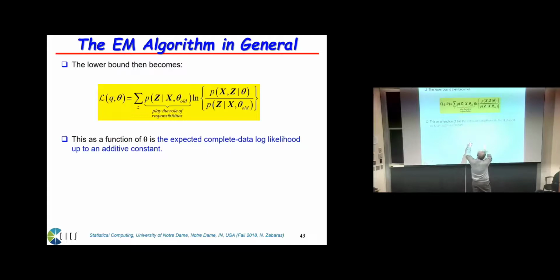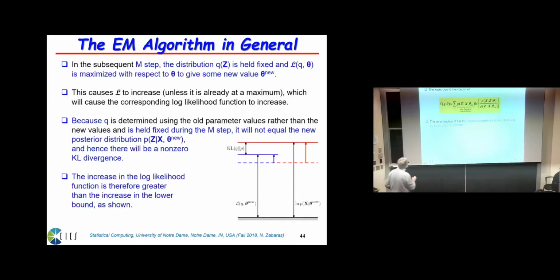You notice the entropy term doesn't play any role here, because we try to maximize this with respect to the parameters now in the M step, and there are no parameters in it because the distribution has been fixed to the old parameters. So really, maximizing the lower bound is the same as maximizing the expected joint log likelihood, where the expectation is with respect to the posterior of Z computed at the previous values of the parameters.